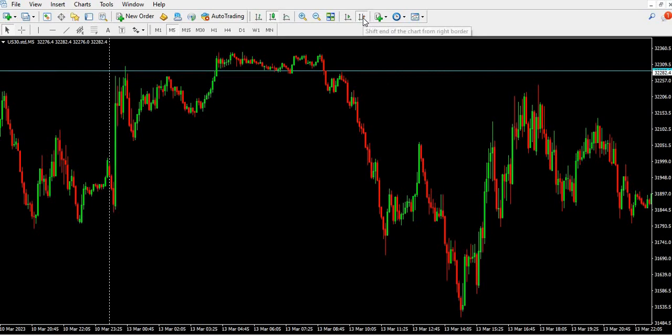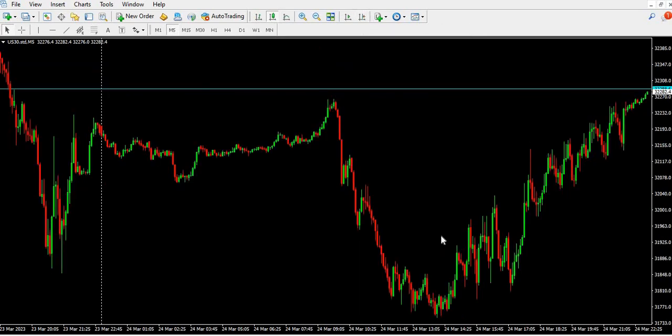To trade this strategy, you need to look at the period separator, and the second thing you need to look at is the candle which is at 1525.